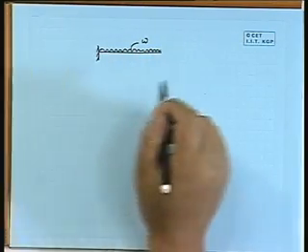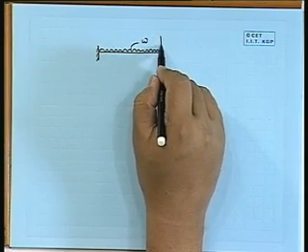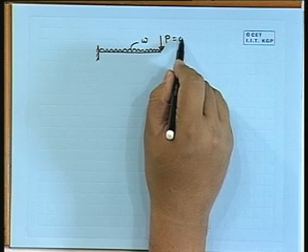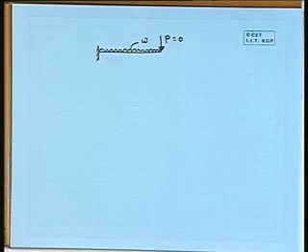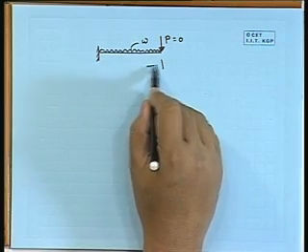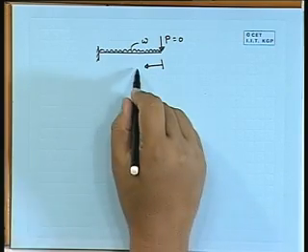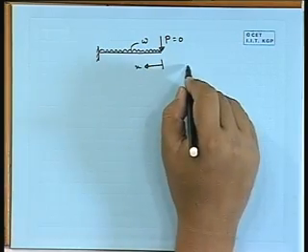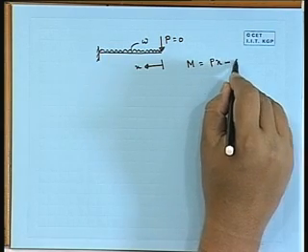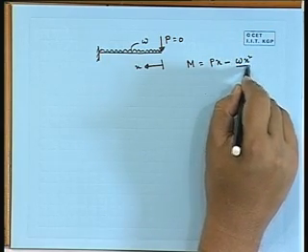Now, in this problem we will just put a force P here, and this force is nothing but equal to 0, right. Now, in a similar manner, if we take the x axis from this side, we will have a moment expression of M equals px plus omega x square divided by 2.